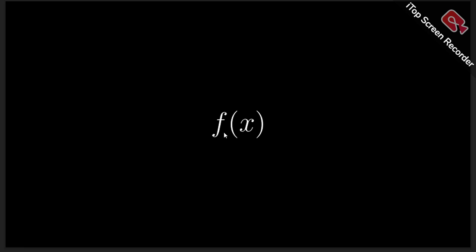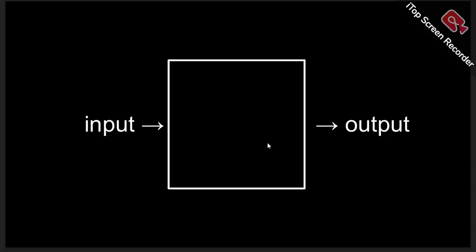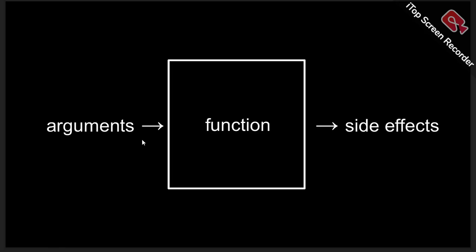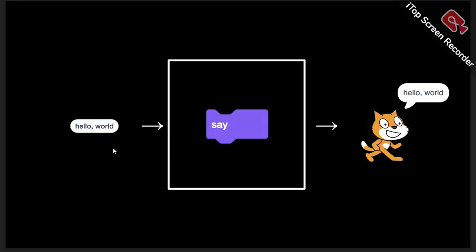Like in math you use functions, we use the same functions in programming languages. We give the input and it gives output. Arguments are converted into side effects by using functions, like hello world is converted into hello world by the function called say.